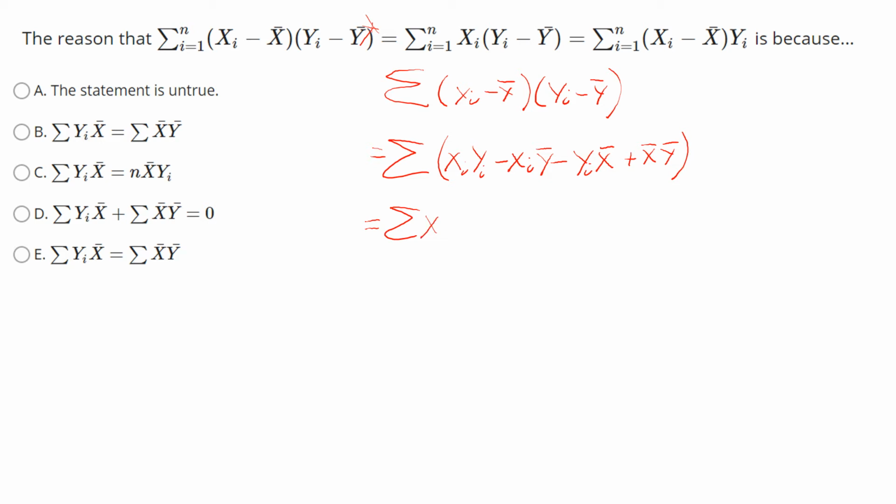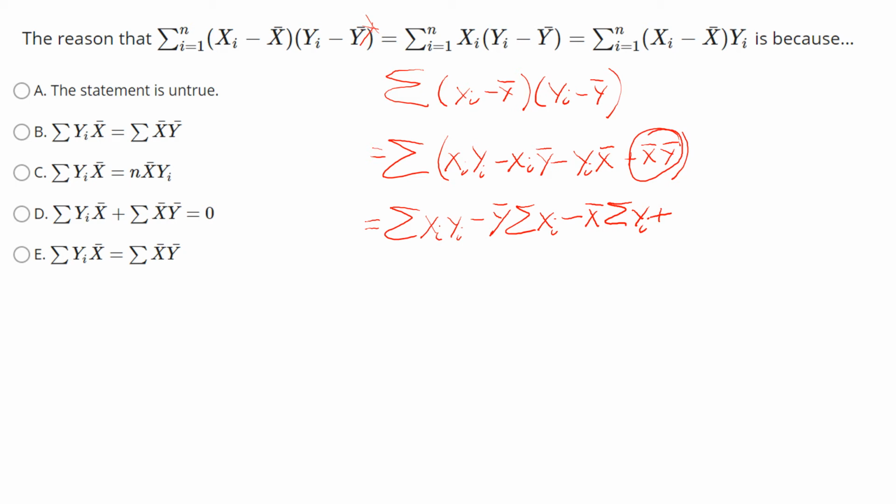Sum of xi yi minus, remember, y bar is constant, so it comes outside here, y bar, sum of xi, minus x bar is constant, x bar, sum of yi, plus, and here we have the product of two constants, and the product of two constants results in a constant.